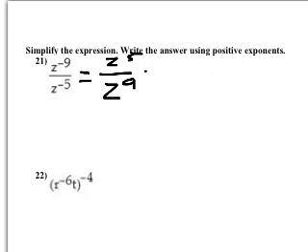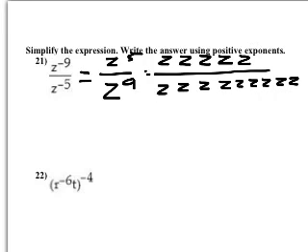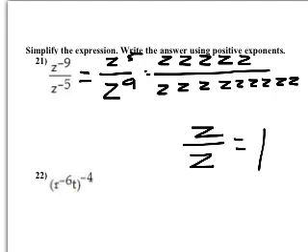Now we can deal with that, because on top now we have 5 z's, right? 2, 3, 4, 5. On the bottom we have 9 of them. And you know that z divided by z equals 1, right? They cancel into each other.